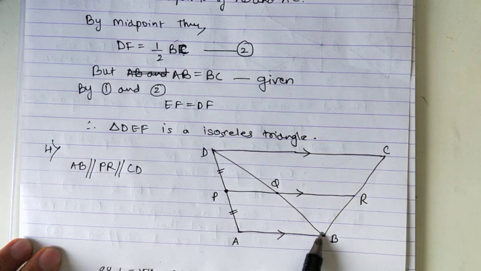First, see this triangle. You can see the triangle DAB.